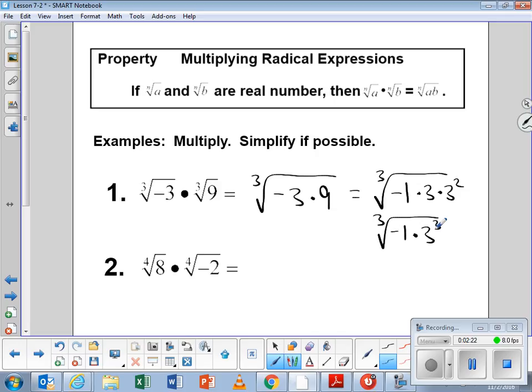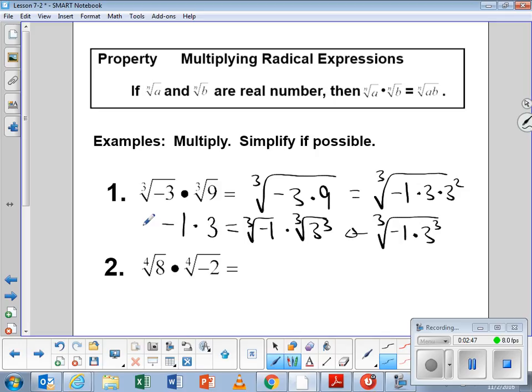Do you agree it's 3 cubed? Okay? And so, cube root of negative 1 times the cube root of 3 cubed. And the cube root of negative 1 is negative 1. And the cube root of 3 cubed is 3. Remember, those were the rules we talked about yesterday.